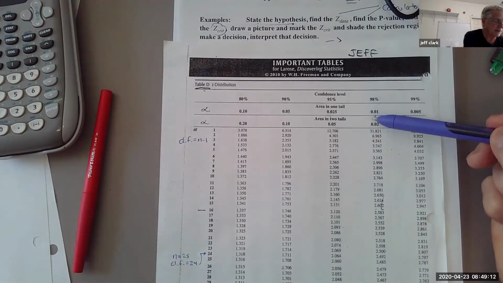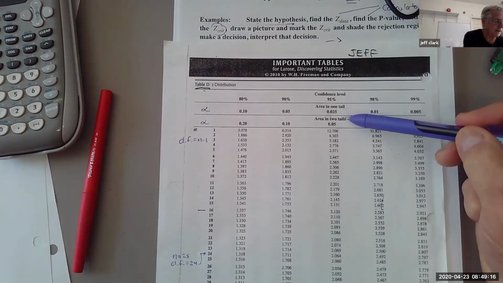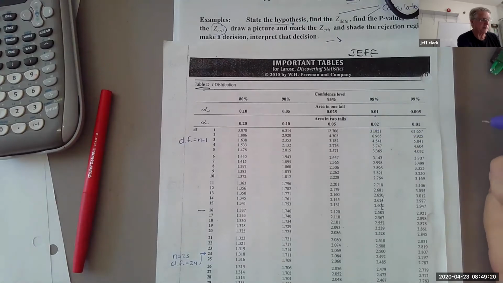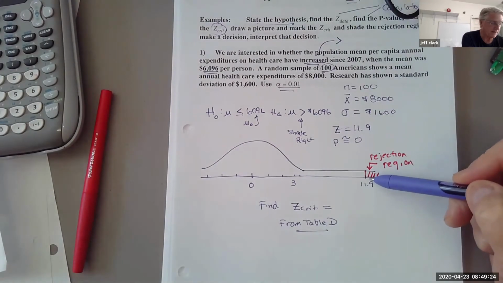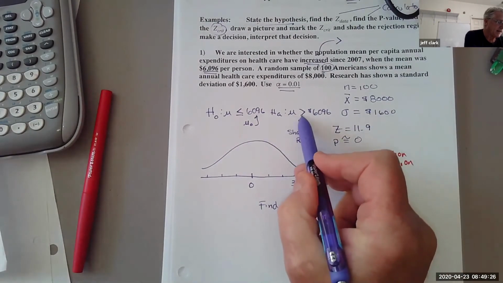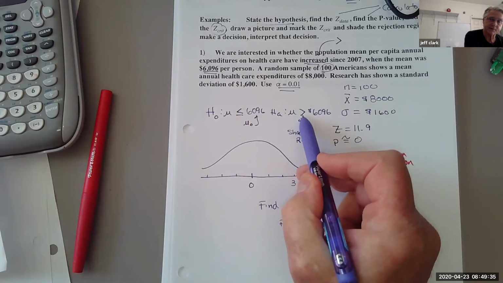Now look at the next two rows. You see it says area in one tail, area in two tails. So let me tell you what's one tail and two tails. This is one tail because that's what I'm shading, right. If there was a less than on this one, that's a shade left. And if there was a not equal sign, that's shading both ends.